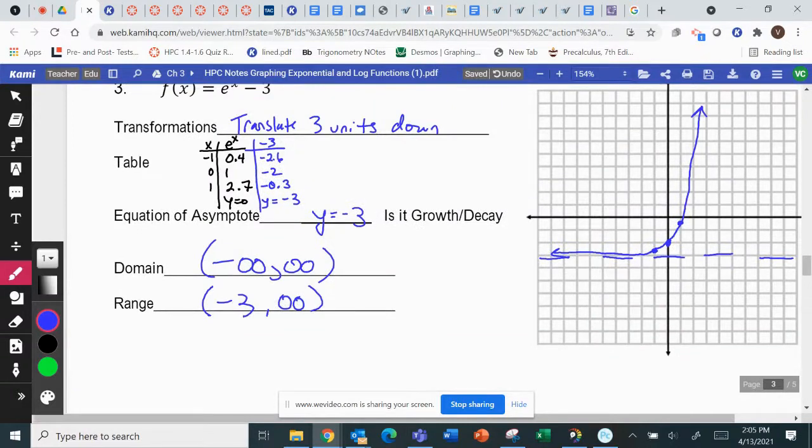Oh, is it growth or decay? Growth. Because E is greater than 1.